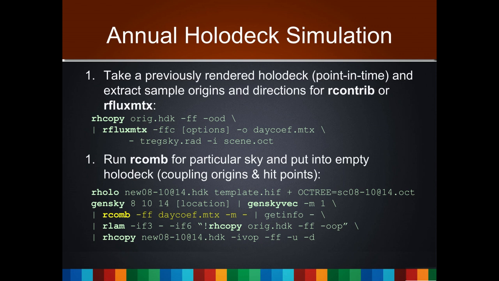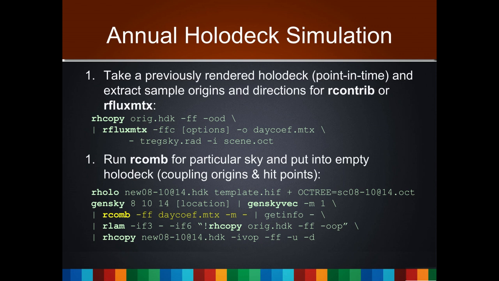That's what the dash means: read the concatenation matrix from standard input and apply it to the daylight coefficient matrix and output floating point RGB in this case for each ray, chop off the header, and then laminate those new values with the origin and intersection point of the original holodeck.